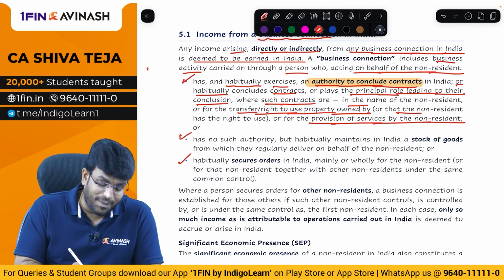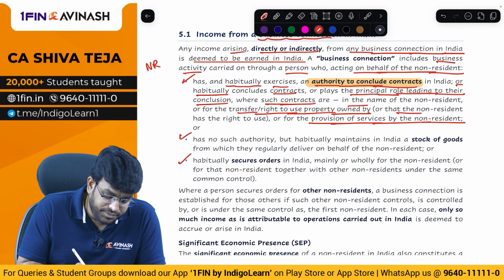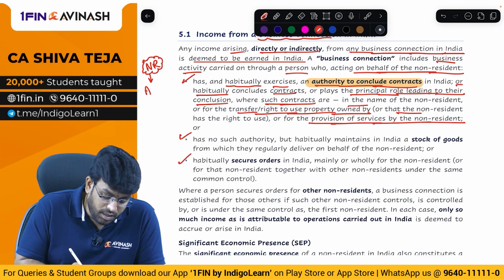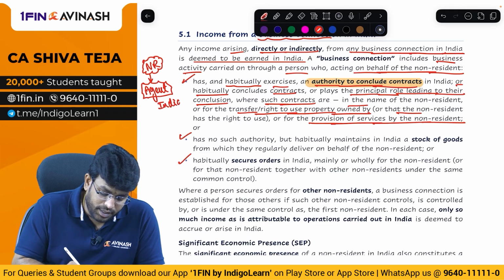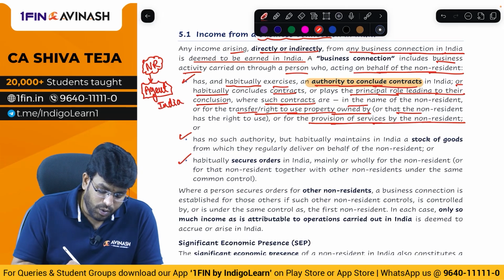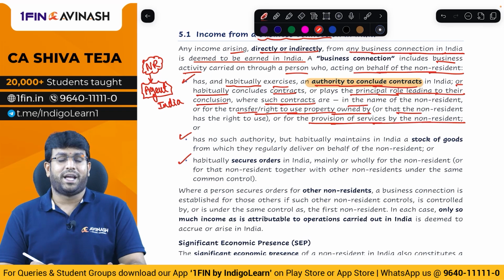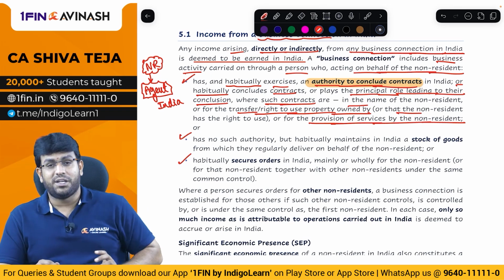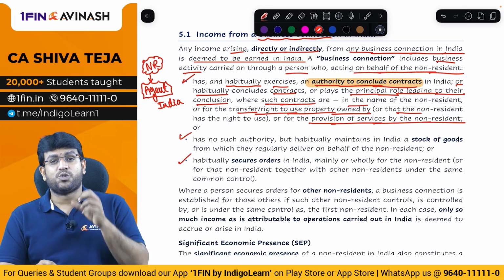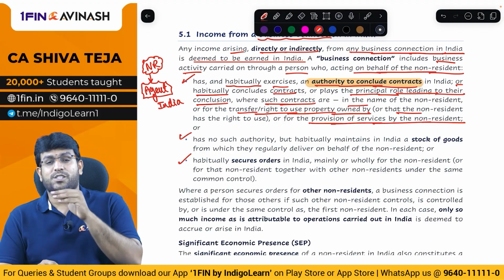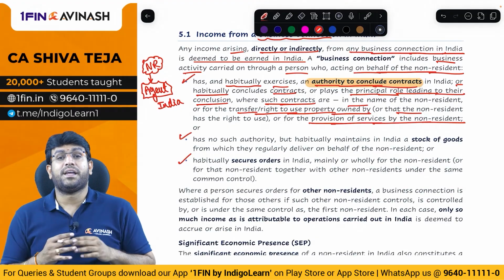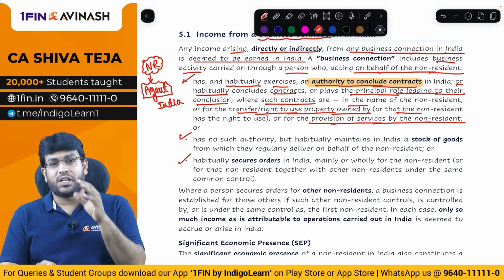So basically what is happening here is, there is a non-resident. This non-resident has got an agent who is in India, and this agent is somebody who is concluding contracts on behalf of the non-resident. If this agent has got a power to conclude contracts on behalf of the non-resident, then we say that the non-resident has business connection in India.